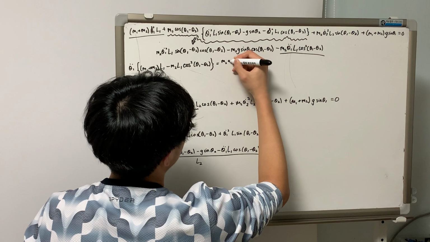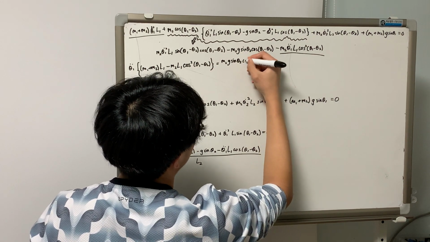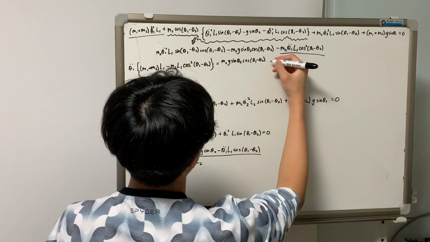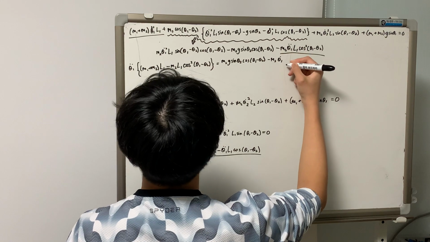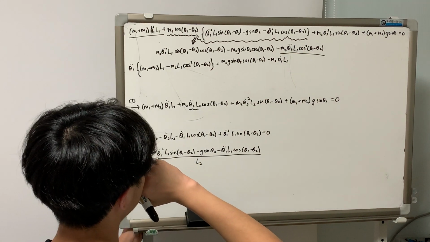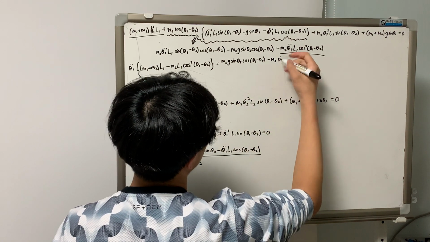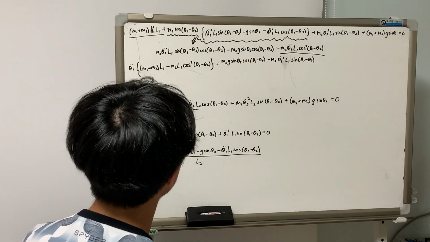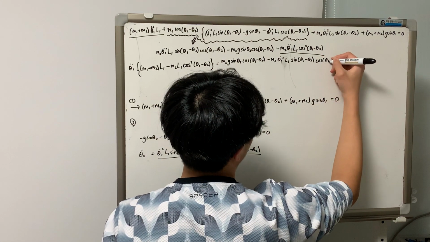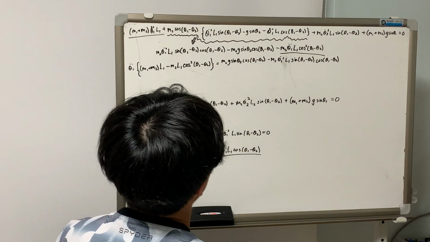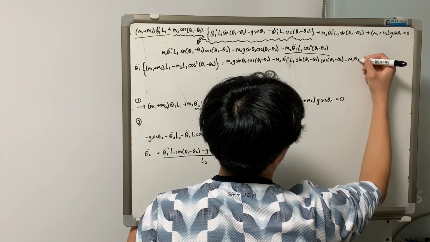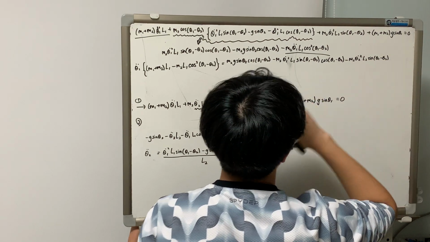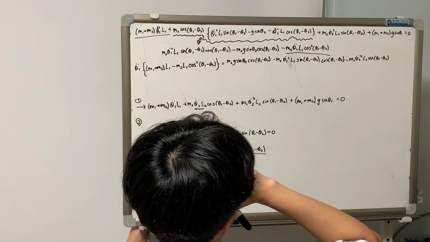We're going to get M2 G sine theta 2 cosine, minus that, which gives us minus M2 theta 1 dot squared L1 sine of theta 1 minus theta 2 cosine of theta 1 minus theta 2, and everything else. Minus, plus, minus, minus, and minus.